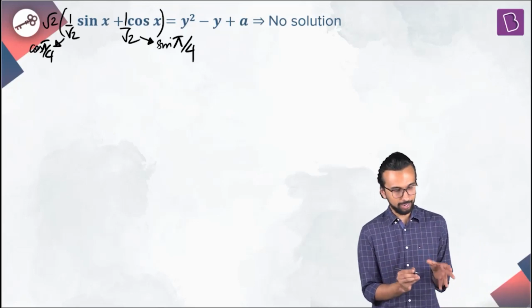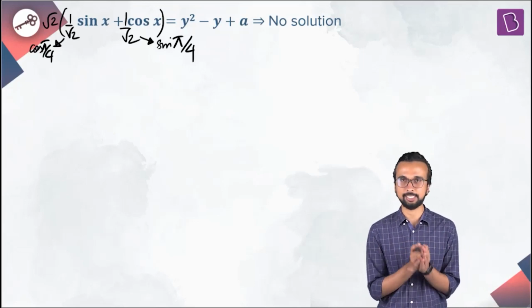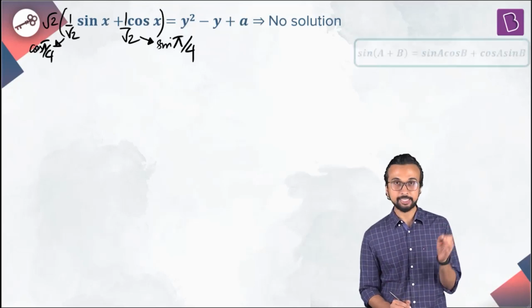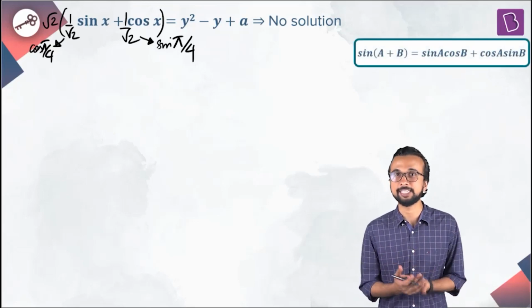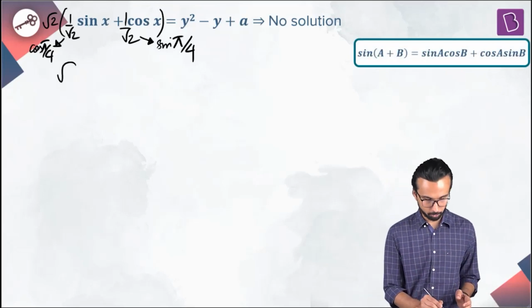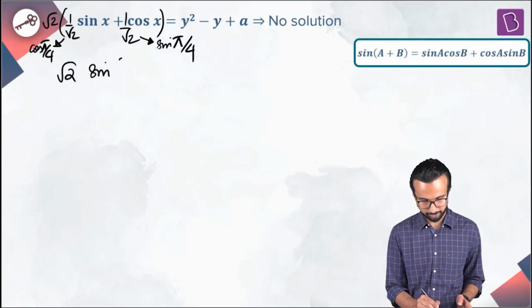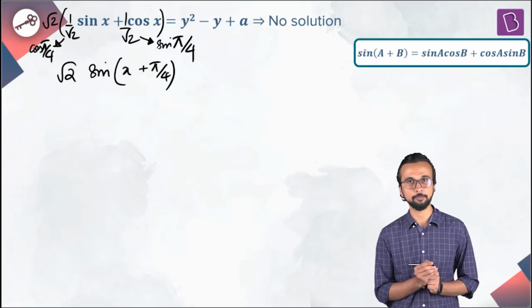Now I have sin x cos pi by 4 plus cos x sin pi by 4, which is nothing but sin a cos b plus cos a sin b, which is again nothing but sin a plus b. So now I have root 2 into sin of a, which is x, plus b, which is pi by 4.